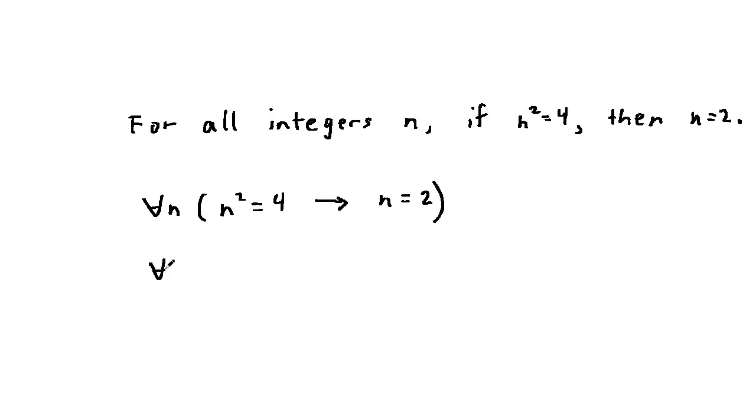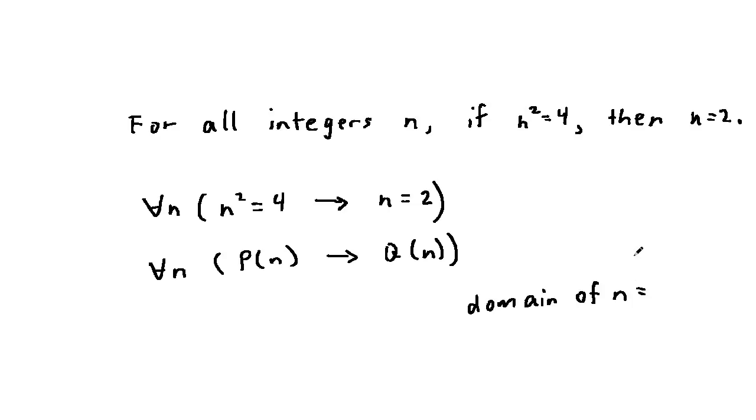That is, for all n, p of n entails q of n, where the domain of n is the set of all integers, and p of n is the predicate n squared equals 4, and q of n is the predicate n equals 2.